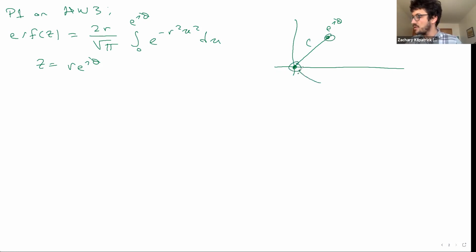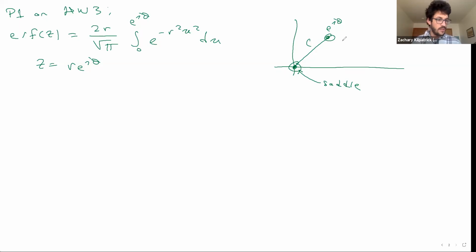It's not hard to show that this is a saddle, because your rho function up here is going to have derivative 0 at 0 in this case. But you also have to deal with this endpoint as well. So you're going to have two contours.